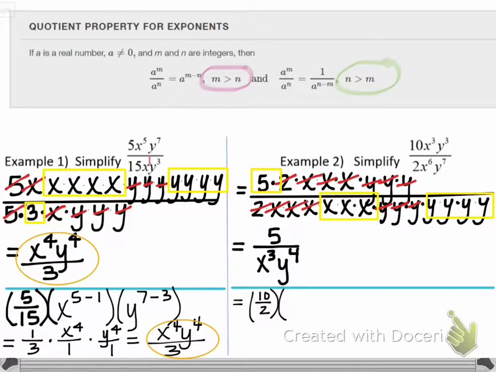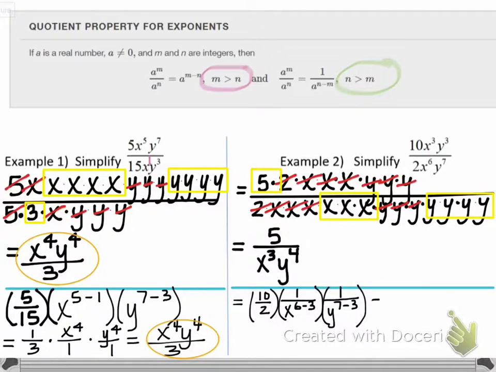So look what happens here. This becomes 1 over x to the 6 minus 3 power times 1 over y to the 7 minus 3 power. And again, the reason why they're in the denominator now is because the base that had the greater exponent was in the denominator. So those leftover x's and y's ended up in the denominator because I couldn't divide them out.